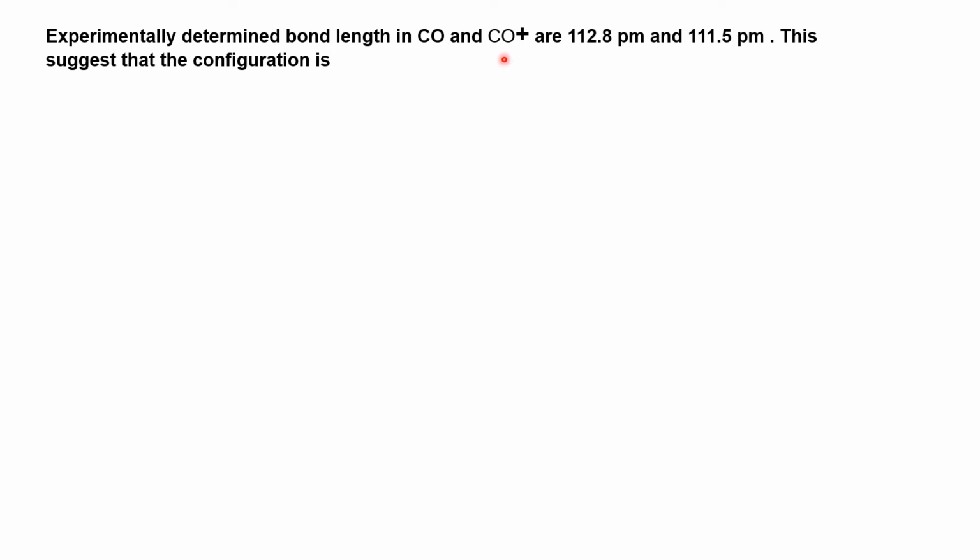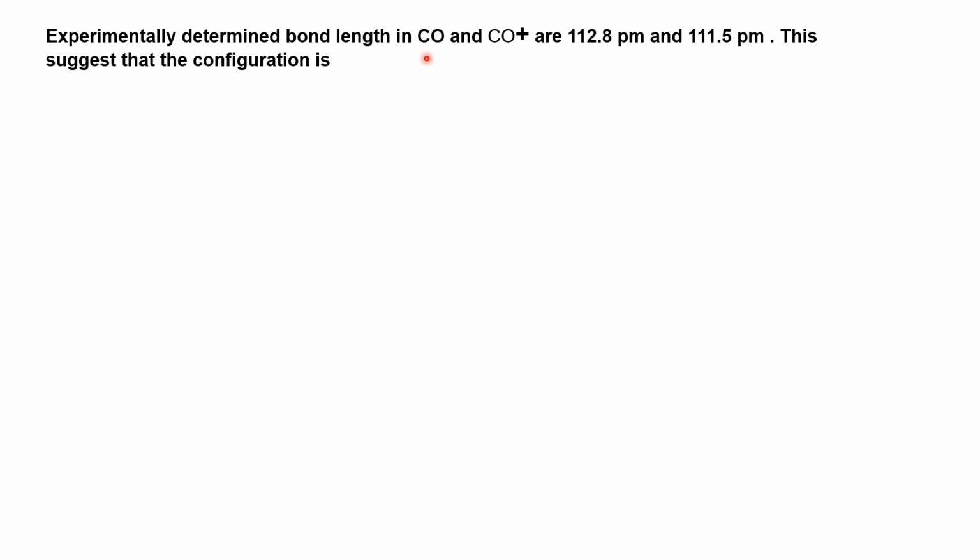CO plus has a lower bond length than CO. Just think, when the bond length decreases, naturally the bond order increases. Or we could say, when the bond order increases, the atoms are closely packed, hence the bond length decreases.